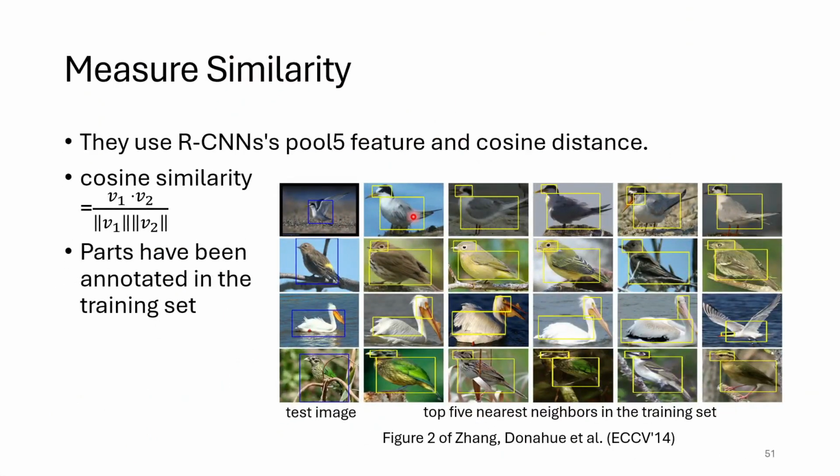Given this test image, they use the feature to find the top 5 highly similar bird images. They will get these 5 images, and yes, they share a similar shape with the test image. Therefore, they can crop the head region and the body region.